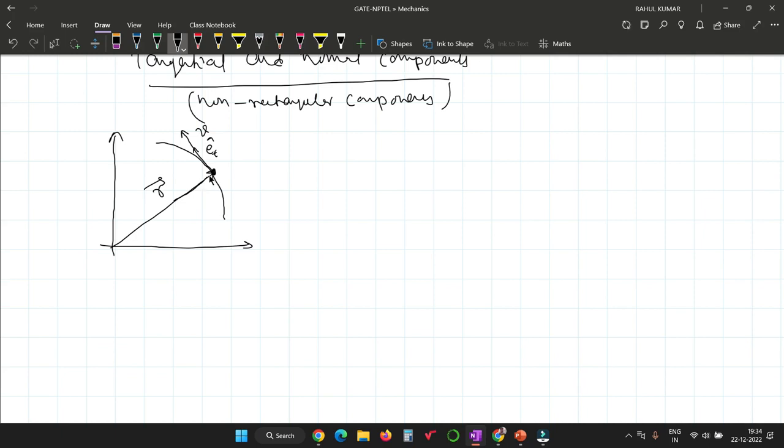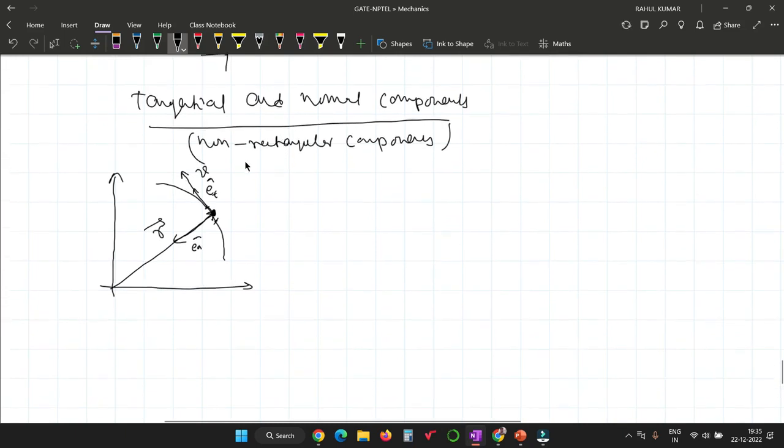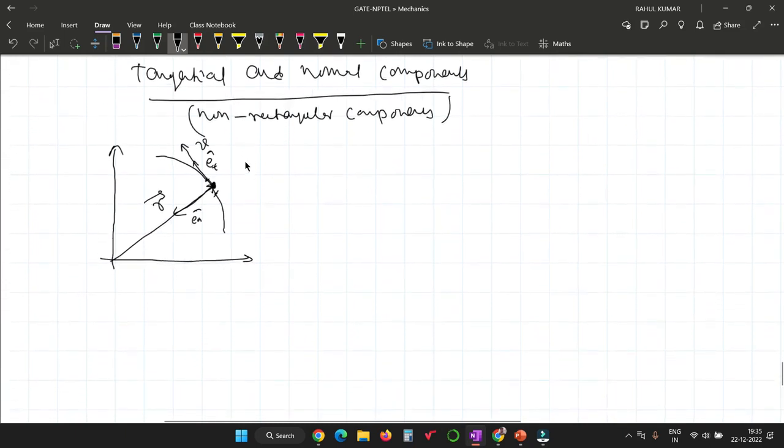And here there is a normal direction, normal to this small arc. So for this small arc, the normal vector is e_n. The designation of any position like this, in the normal direction and in the tangential direction, is called non-rectangular components.